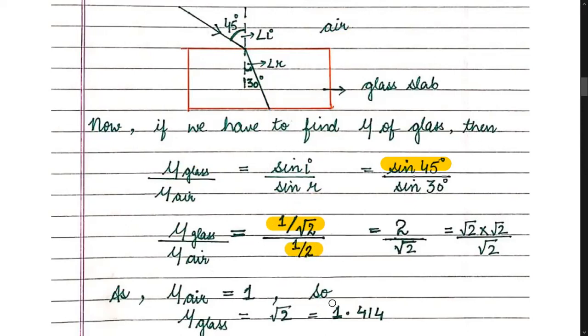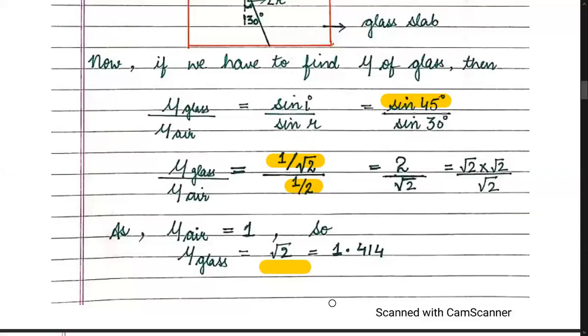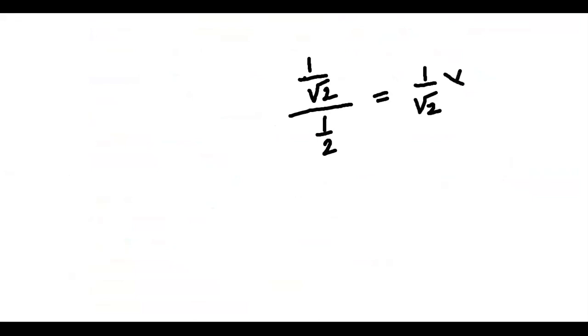So on solving this, after putting the values, it will come to 2 upon root 2. How? We had 1 upon root 2 divided by half. It can be written as 1 divided by root 2 multiplied by 2 divided by 1.